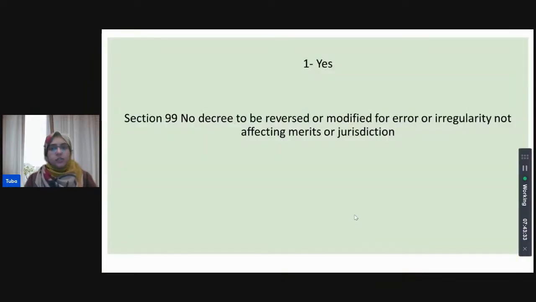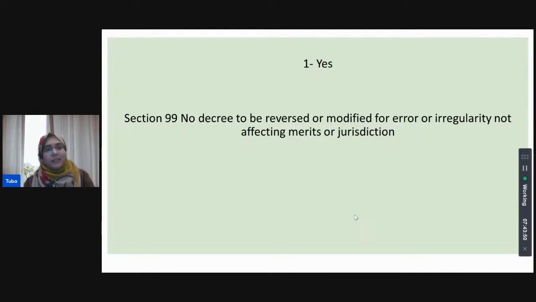The correct answer is just a simple yes, right? So, yeah, if it is about affecting merits, then it is allowed.